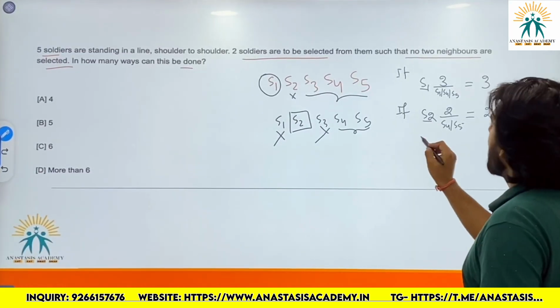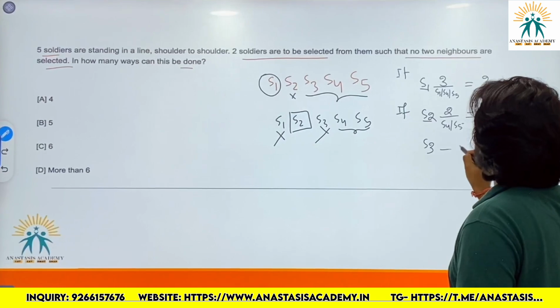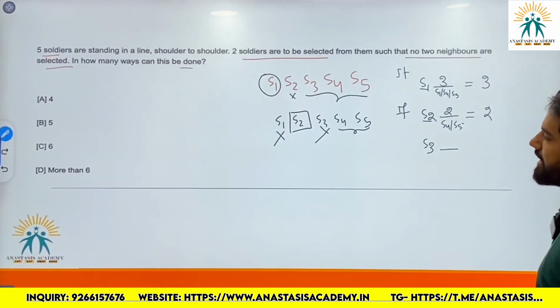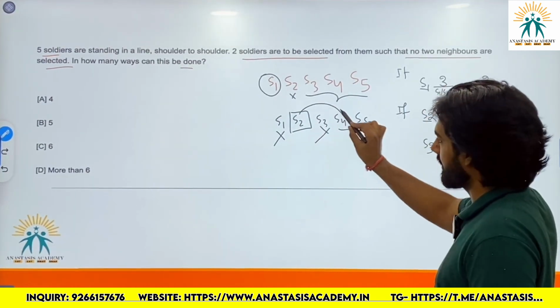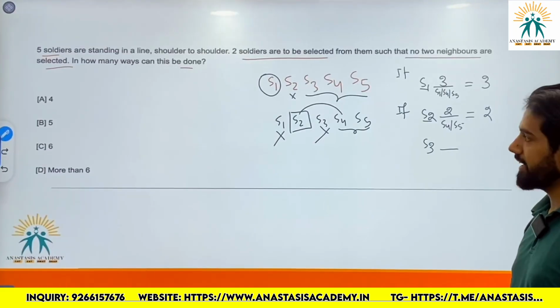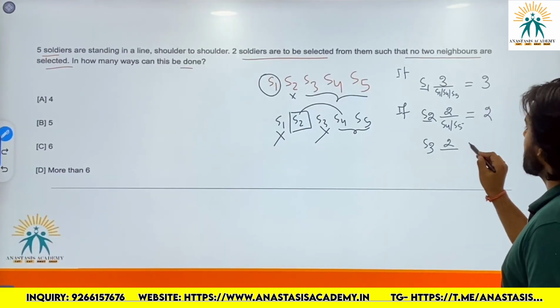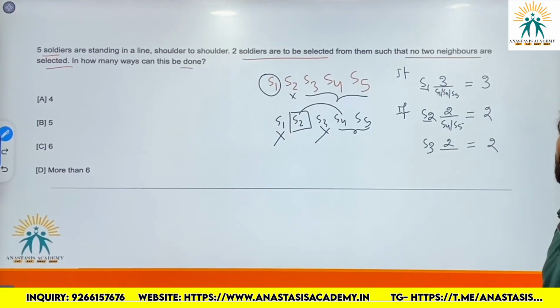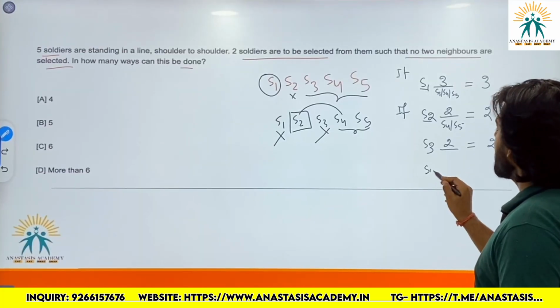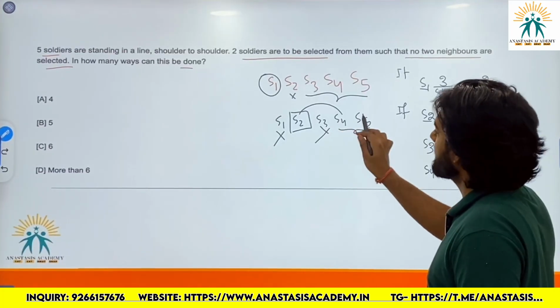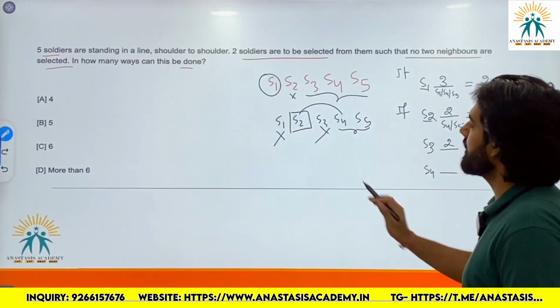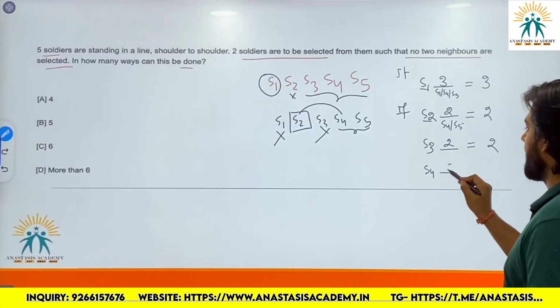In fact, if S3 is taken, if S3 is selected at first, then its 2 neighbors S2 and S4 cannot be taken. Only 2 cases are possible. So 2 such cases are possible. If S4 is selected, same S3 and S5 cannot be selected, only S1 and S2 can be selected.